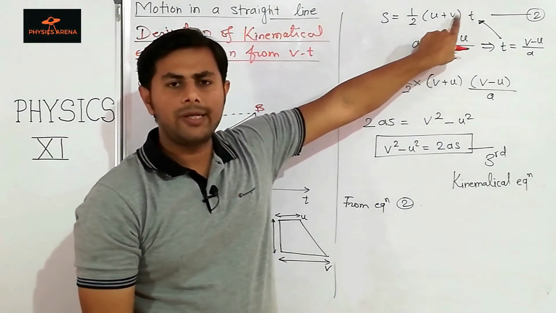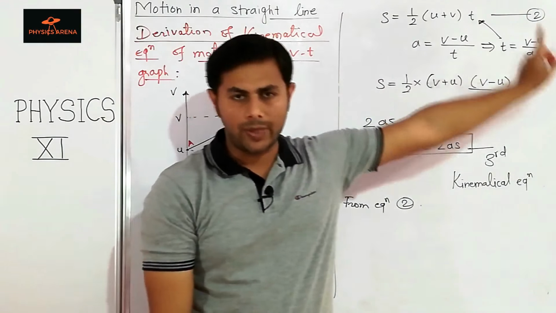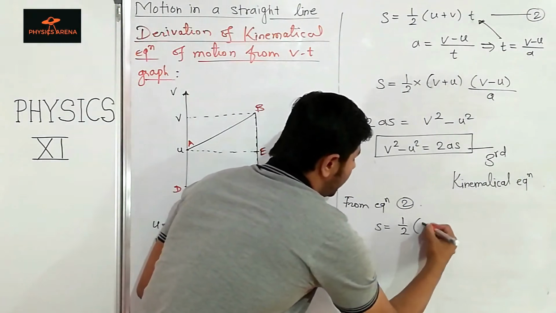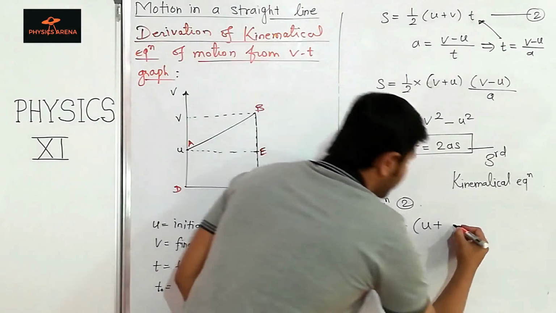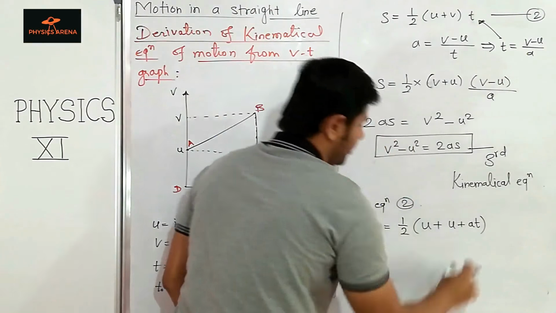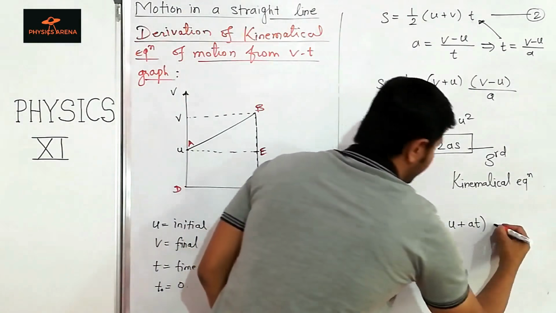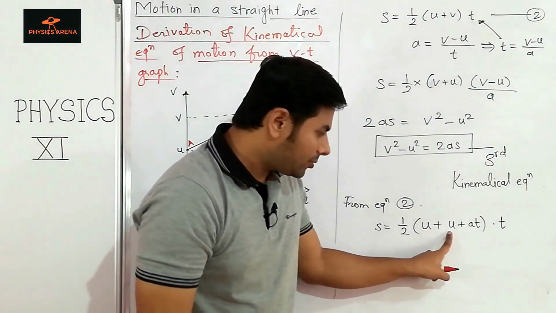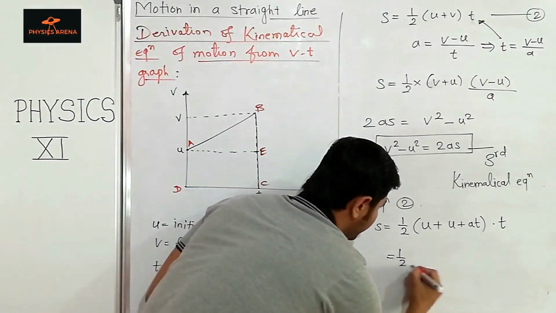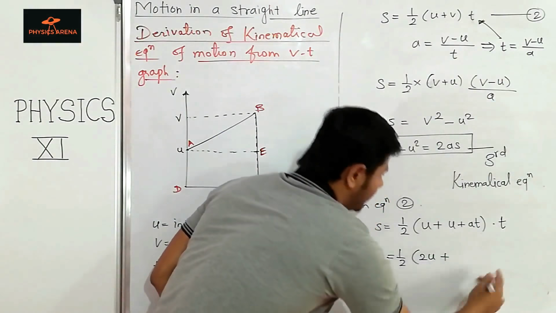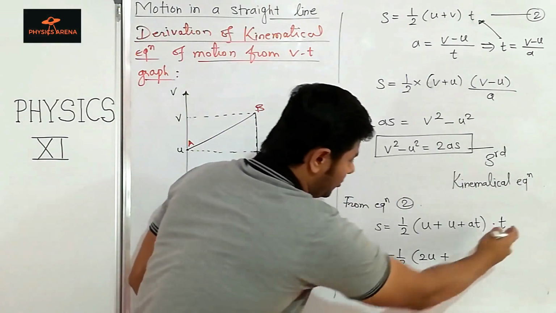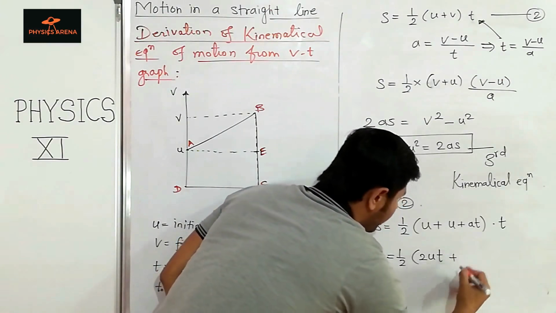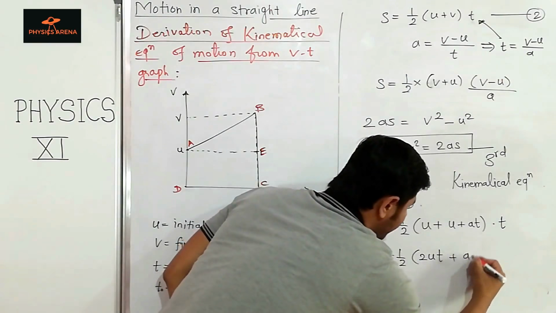I will substitute in place of v, that v is equal to u plus at. So, let's see what we get. S equals half into (u plus v). We know v is u plus at. I have substituted for v here, multiplied by this t. So this is very simple. This is half of (2 times u plus at), multiplied by t. I will take t in the bracket, so ut plus at multiplied by t is at squared.